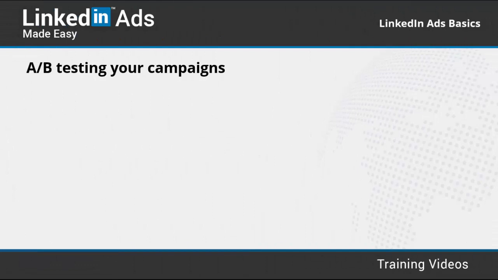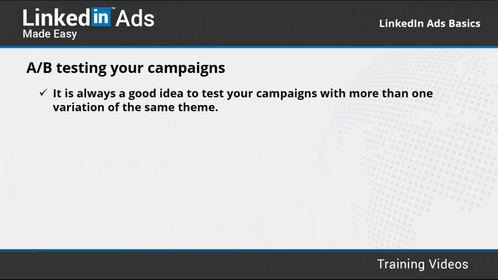A/B testing your campaigns. It is always a good idea to test your campaigns with more than one variation of the same theme. You don't have to completely change all the elements in the content of your campaign.